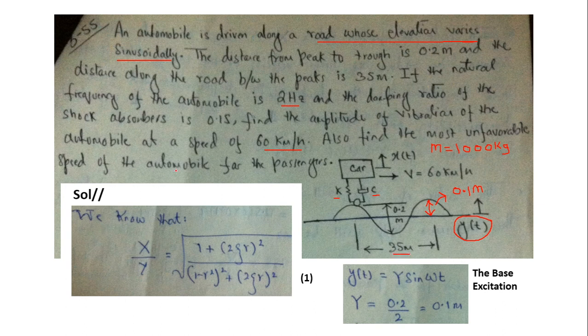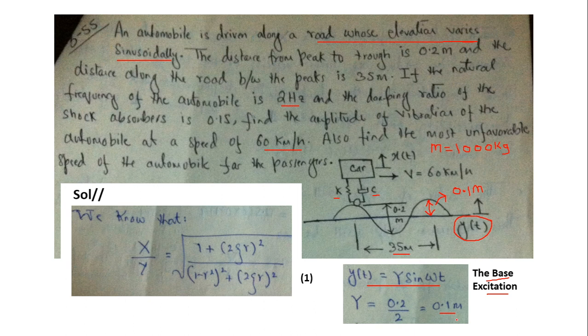Now we know that since this represents the case of base excitation, and the base is being excited sinusoidally, we can assume this function y(t) as capital Y sine omega t, a sinusoidal function, and here capital Y is half of this value 0.2. So capital Y is 0.1 meter.